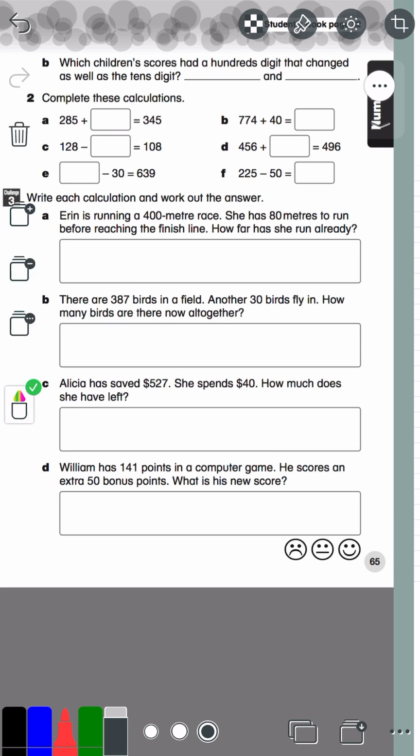Another way of working out this question is by subtracting, because whenever you're making an addition and you have an empty square or an unknown number in addition, you have to subtract, change this sign, subtract the bigger number minus the smaller number. So I'm going to take this question, 285 plus what equals 345, and I'll show you how we work it out.